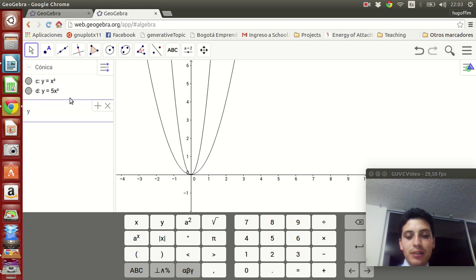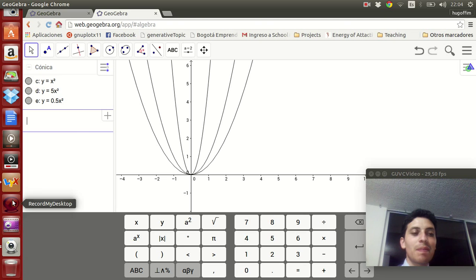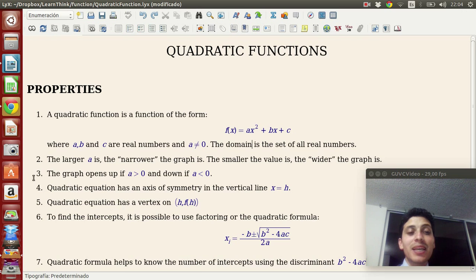So what if I wrote y equals x squared divided by 2, 1/2 of x squared. So we have wider and narrower. This is what we mean when we say the graph is narrower or wider.